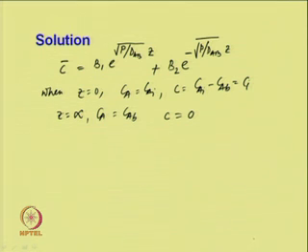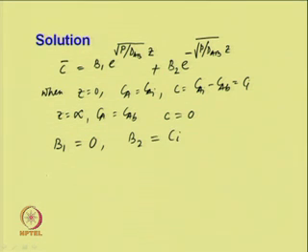So, using these boundary conditions, we can obtain B_1 is equal to 0 and B_2 is equal to C_I.